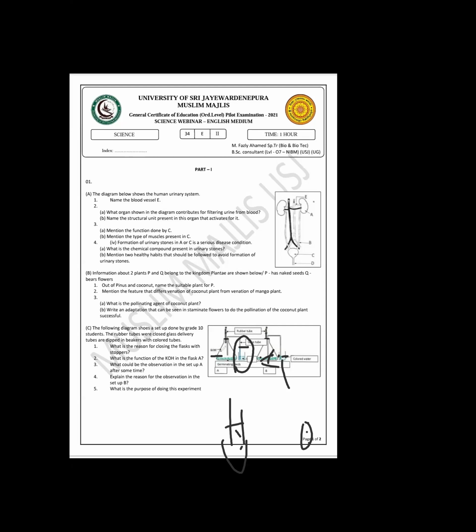In B, the volume of O2 absorbed is equal to the volume of CO2 released. What is the purpose of doing this experiment? The experiment shows absorption of oxygen in respiration. As I think, students, you got the idea.